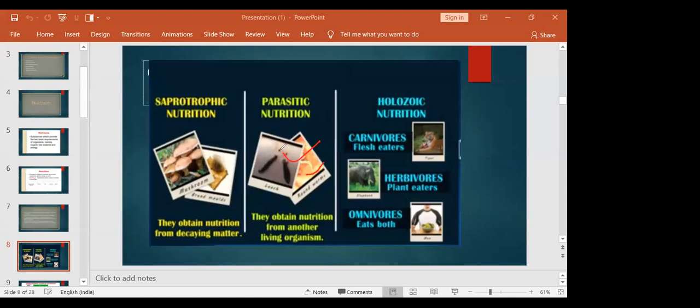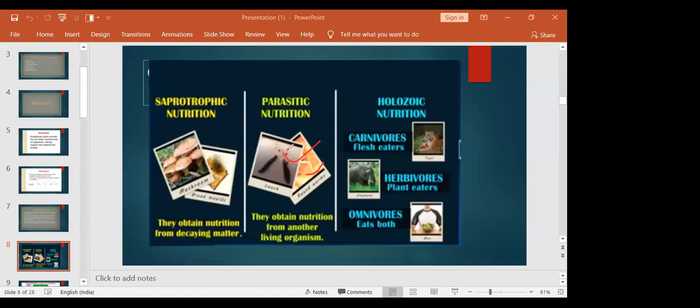Parasites are generally of two types: ectoparasites and endoparasites. Here, the parasite leeches live outside the host body, on the surface of the organism.